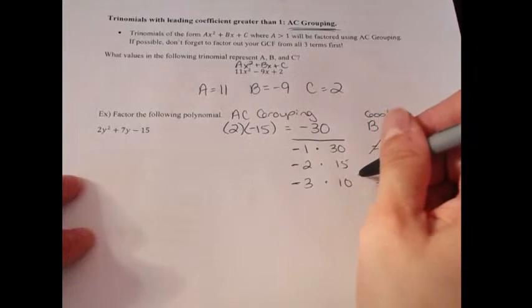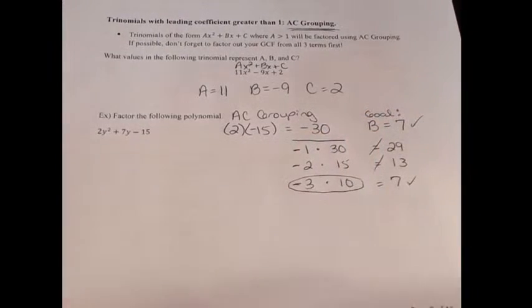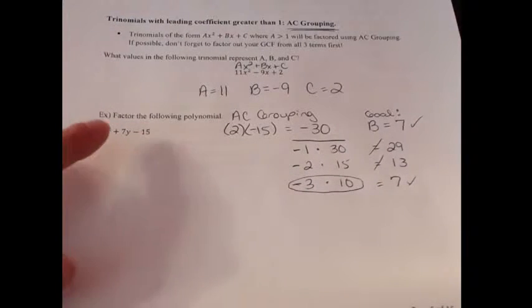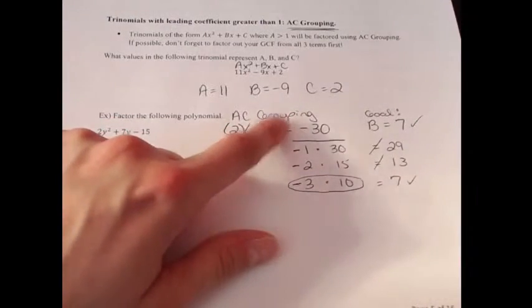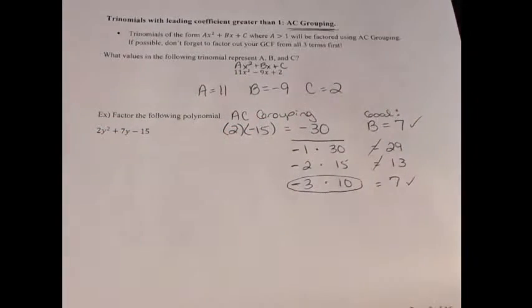So here's what we do. Since we have just found that negative 3 times 10 gives us a negative 30, and negative 3 plus 10 gives us 7, then what we're going to do is rewrite this so that I can then factor by grouping. Recall that if you want to factor by grouping, you need 4 terms.